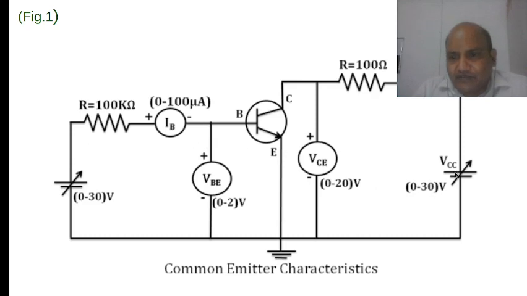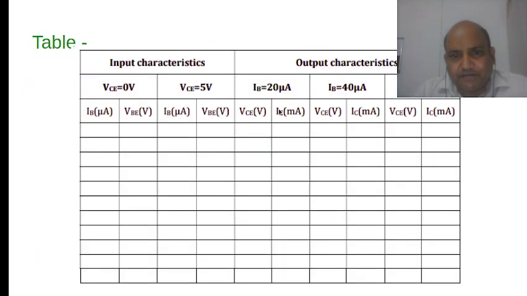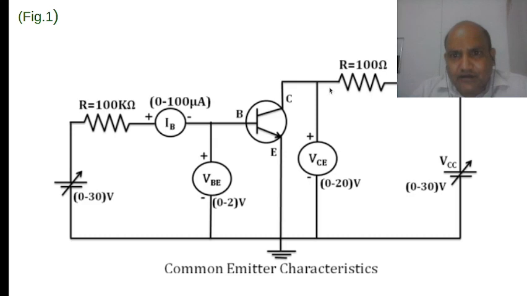Now vary the VCC and measure the current IC and voltage VCE. Feed IB 20 microampere, IB 40 microampere, IB 60 microampere. You feed these and correspondingly calculate IC and VCE by changing VCC and note them down. For the output characteristic, you have to vary VCC, measuring VCE and IC, and IB is fixed.